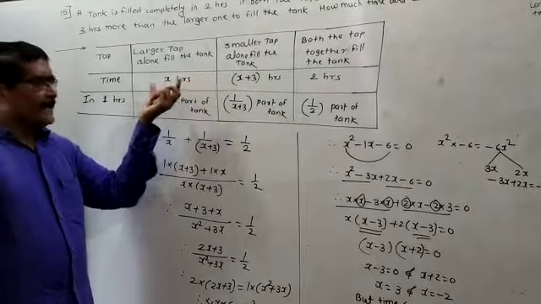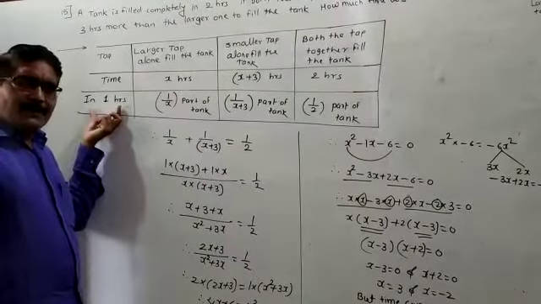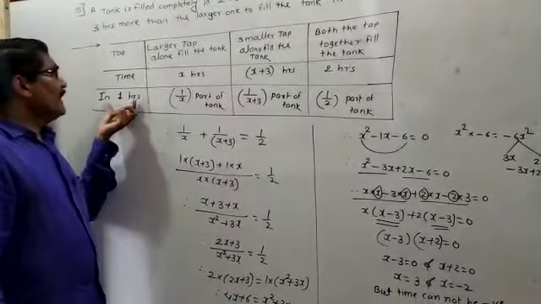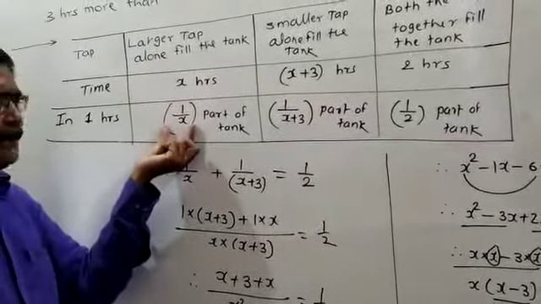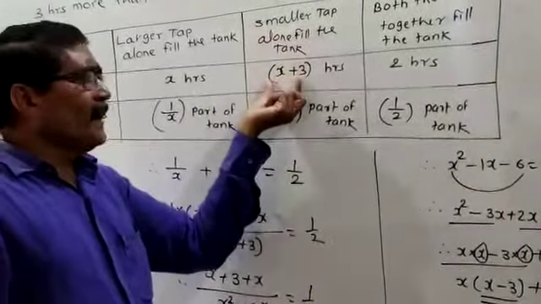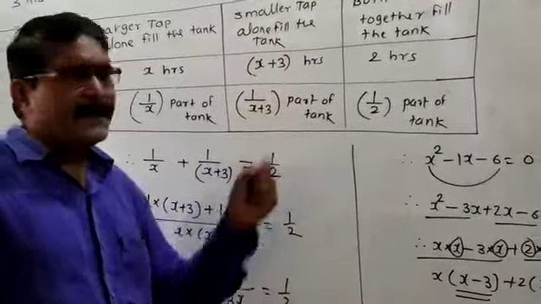If the larger tap fills the tank in X hours, then within 1 hour you have to find how much of the tank it fills. So within 1 hour, the larger tap will fill 1/X part of the tank. Within 1 hour, the smaller tap will fill 1/(X plus 3) part of the tank.